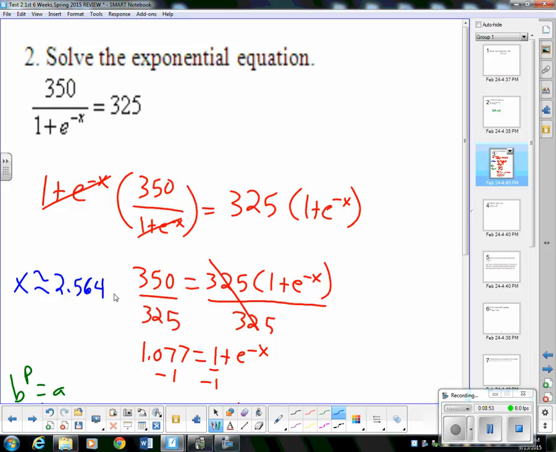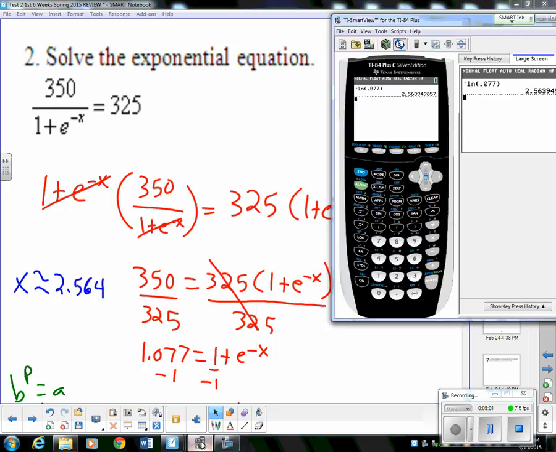Okay, now, again, is this the only way to do this type of problem? Absolutely not. Some of you prefer to use the calculator. It's not wrong to do that. If you're going to use the calculator, what you need to do is go to the y equals, and you're going to need to put it in correctly. And to put it in correctly means you need to set it equal to 0. And this is where sometimes people have troubles with this stuff, right? Now, I guess we can go one way or another, but I'm just going to do it like this.